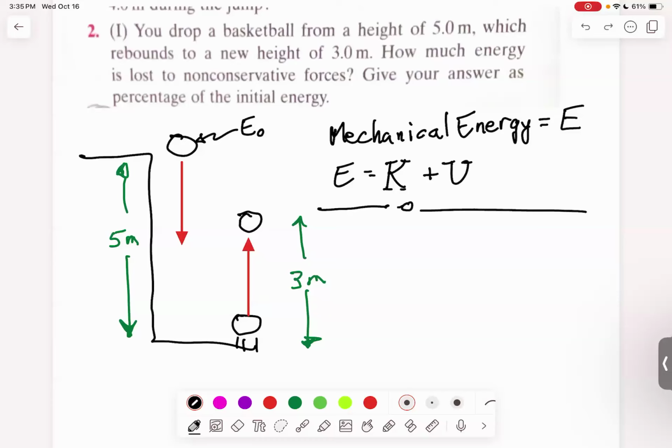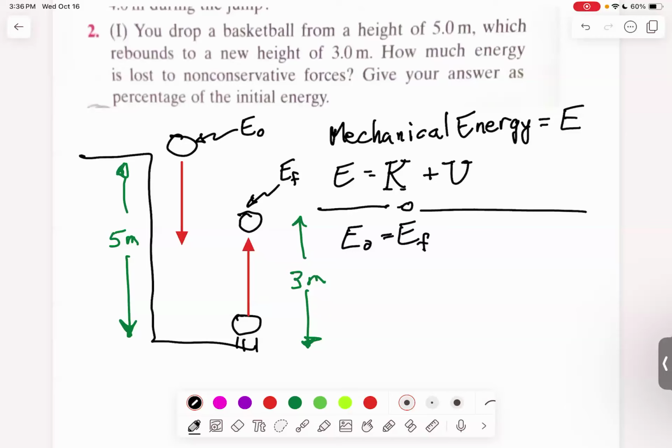That's why I erased those dashes. Then at our second point, we'll call it E final, it's also going to have some mechanical energy. The theory behind this is that E naught is going to equal E final. I believe the book uses E1 and E2, E1 being the initial and E2 being the final.